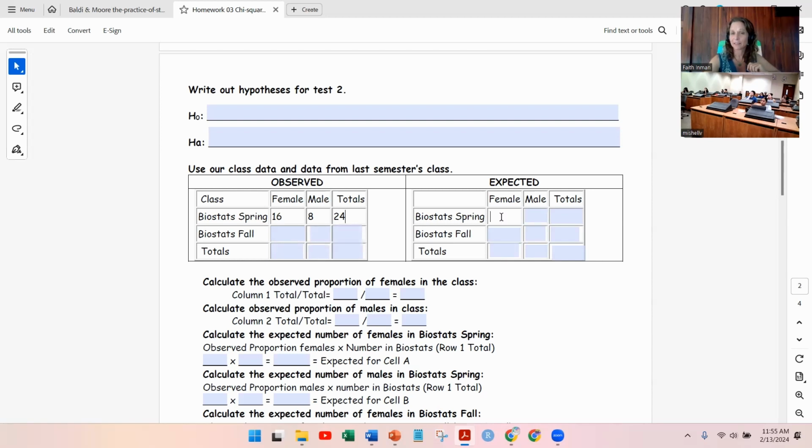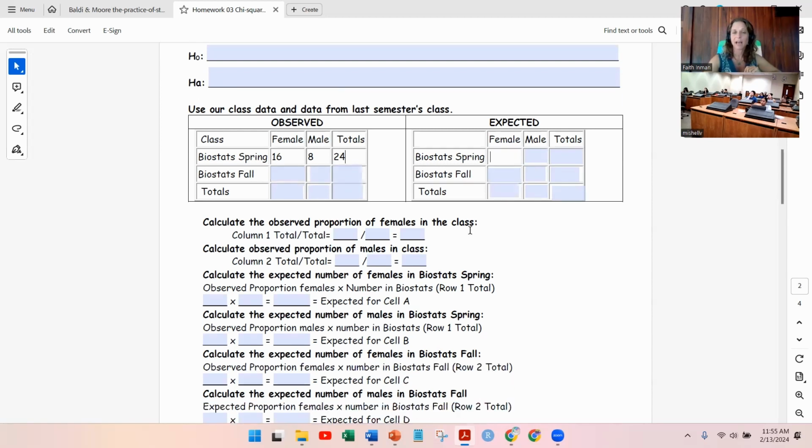Then you have to calculate the expected. This worksheet walks you through step by step exactly how to do that. Column one total divided by total. Column one total is females, divided by total, and it goes here.